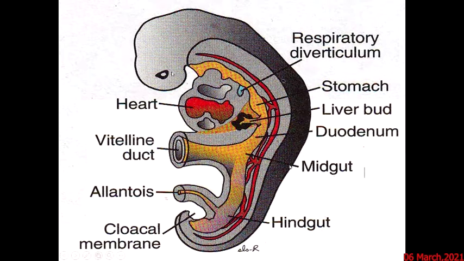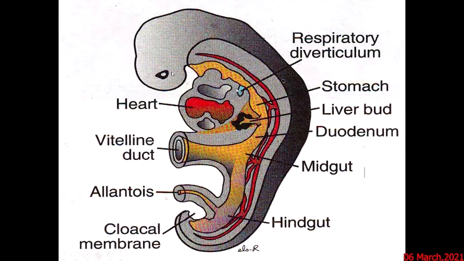When the embryo folds cephalocaudally and laterally, this yolk sac, you remember the lining of the yolk sac is endodermal, yellow in color, do you remember? So when they fold, this yolk sac will be incorporated to form this digestive tract.